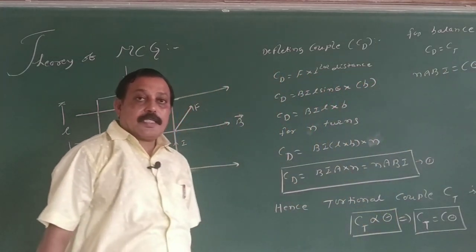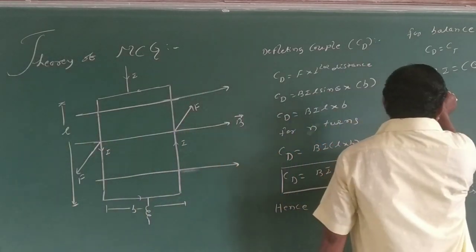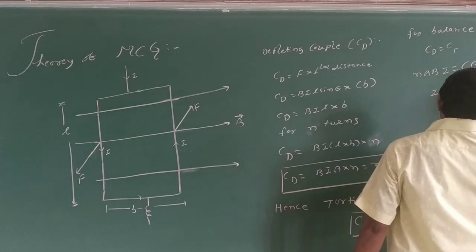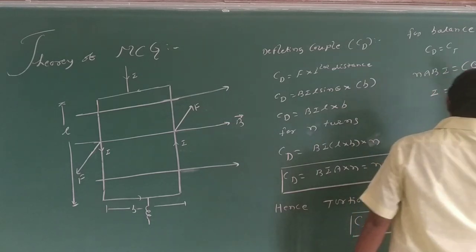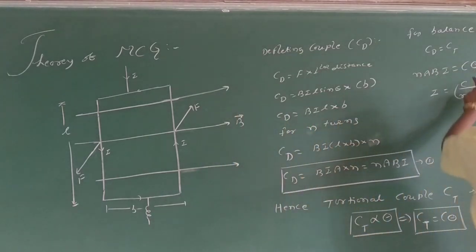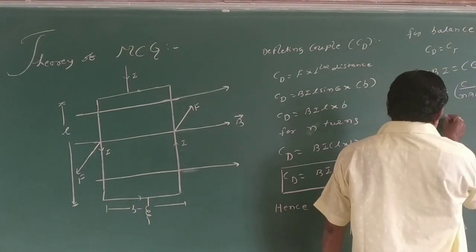I want to measure the current from the device. Hence, I set the equation for current: I equals C divided by NAB, into theta. C is constant, the number of turns in the coil is constant, the area of the coil is constant, and the magnetic field is maintained constant, a uniform magnetic field. So this complete term is constant.